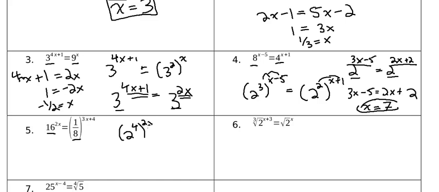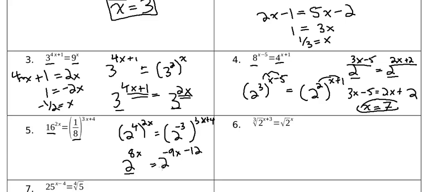Now 8 is 2 to the third, but because it's 1/8, it's the reciprocal, it's actually 2 to the negative third. So now I can multiply power to a power. I get 2 to the 8x. And I get 2 to the negative 9x minus 12. Don't forget to spread that negativity.